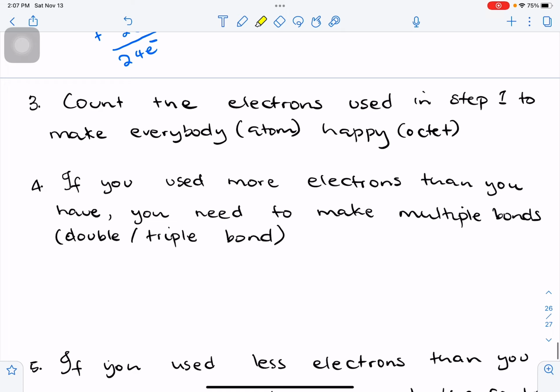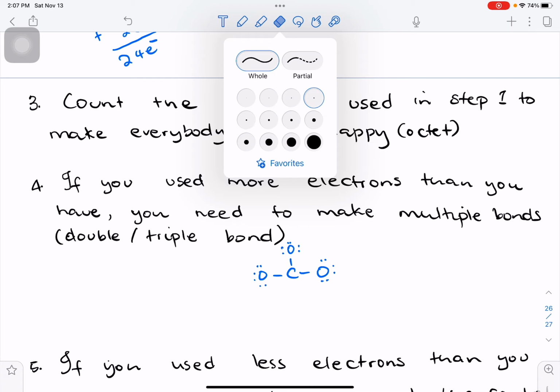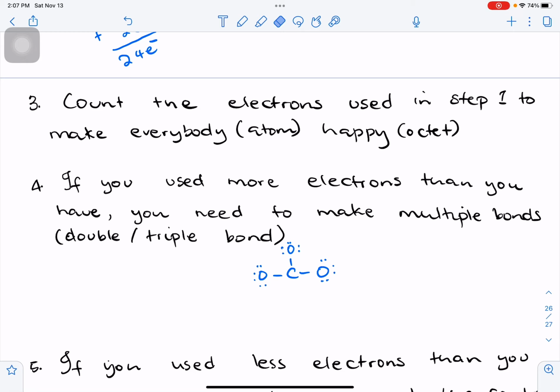When we are in electron debt, what we need to do is we need to use or make multiple bonds. So in this case, I'm going to take 2 electrons from one of the oxygens and take 2 electrons from carbon, and between those two I'm going to put a double bond.